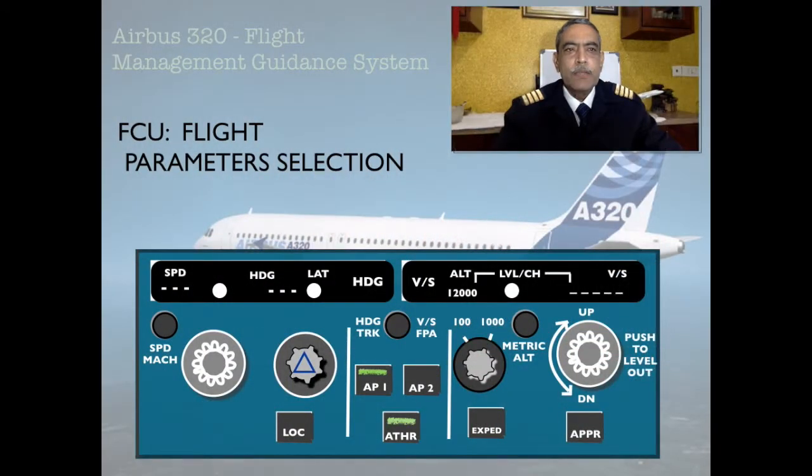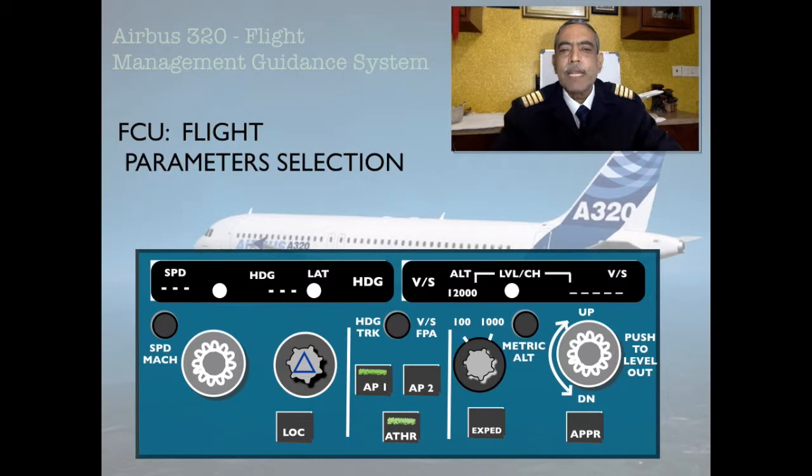Now that we are on the FCU panel, I will explain to you the other push buttons. There are 6 of them, as you can see. I will go from left to right. First is the LOC, localizer.